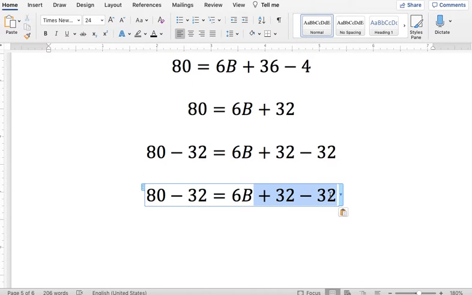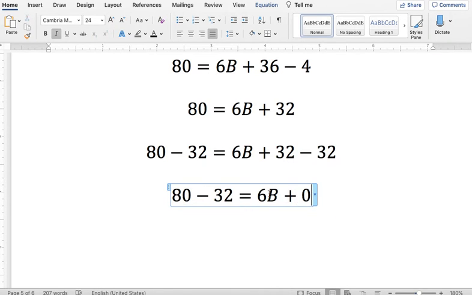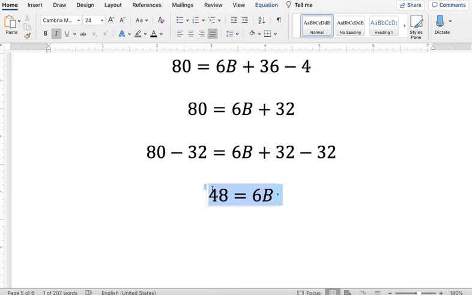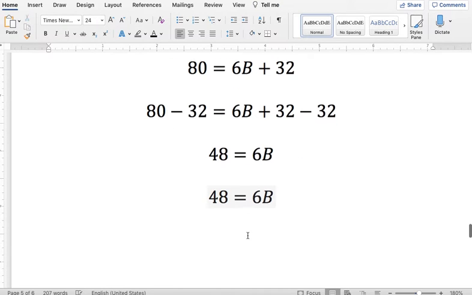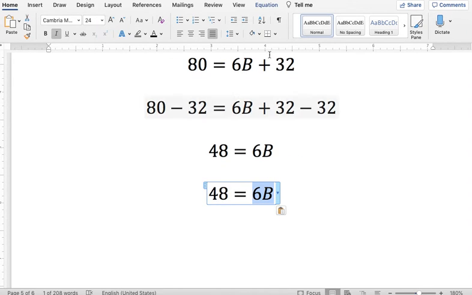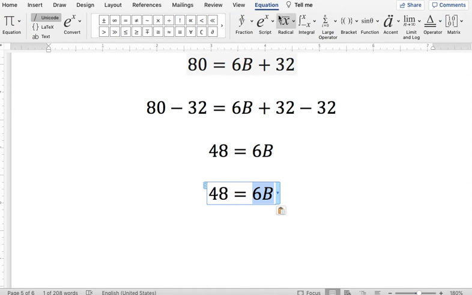Positive 32 minus 32 just becomes 0. And 6b plus 0 is the same as 6b. 80 minus 32 is 48. All right. So now we have 6 multiply b. The opposite of multiply times 6 is divide 6.